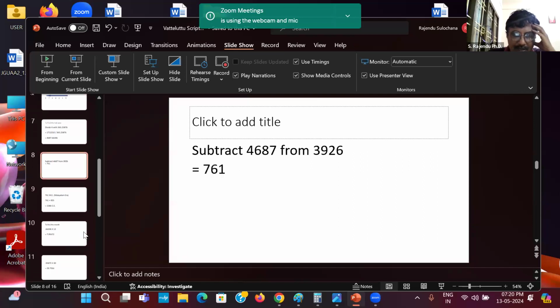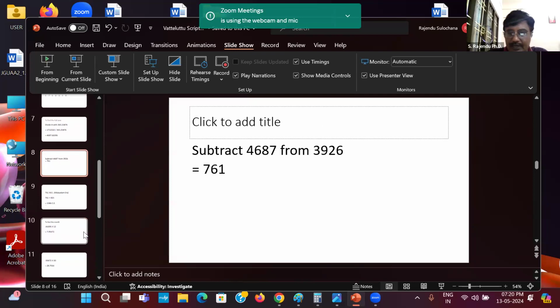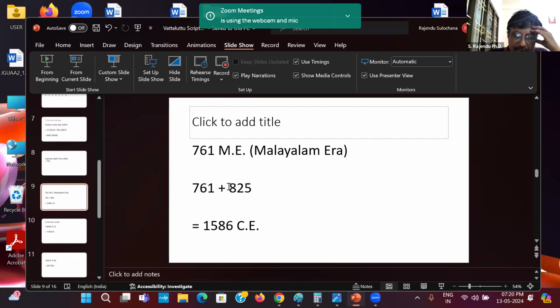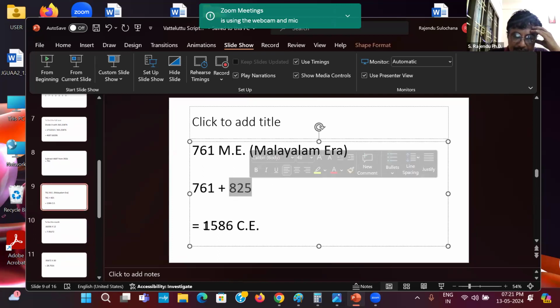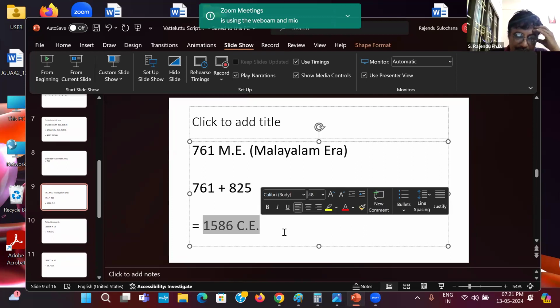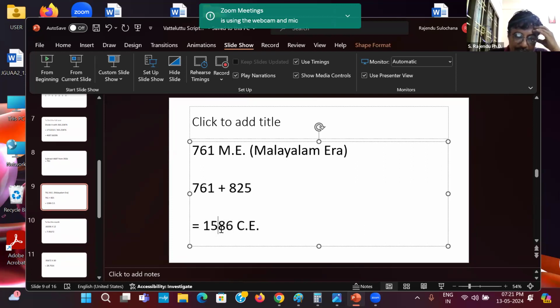So 4687 minus 3926 is equal to 761. That is the Malayalam era, the year they are using everywhere in Kerala. Then you add 825 along with that and you get the common era, Anno Domini 1586. Then you want to find the month in which it was written. It is in the seventh month.